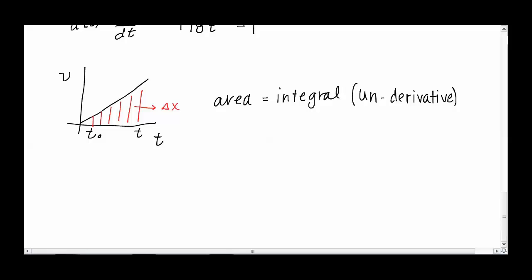So let's look at times t naught to t. We need to define our integration. So our position with respect to time is the sum. Think of that little bracket as being a fancy S that's stretched out to mean sum. We're going to add up all the little areas under the velocity time graph.